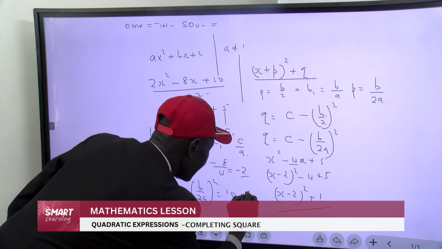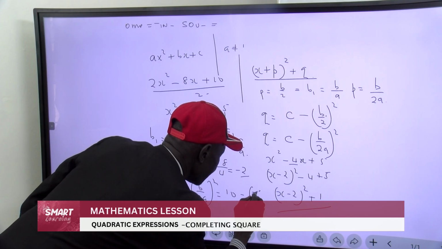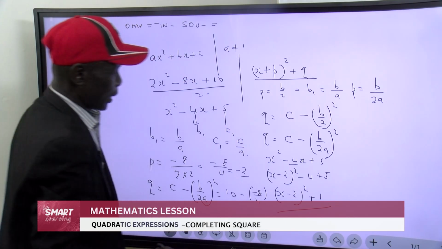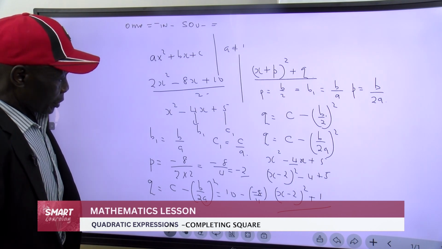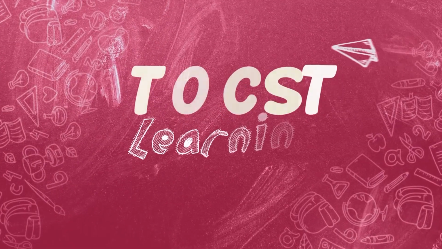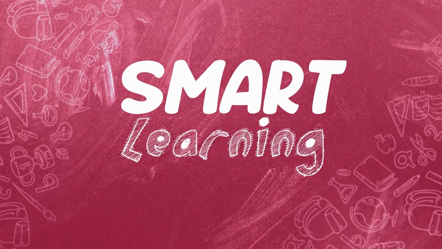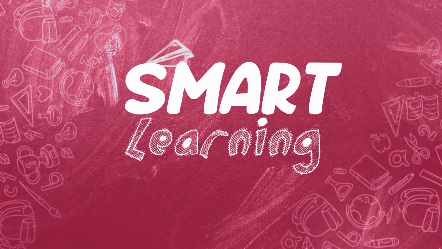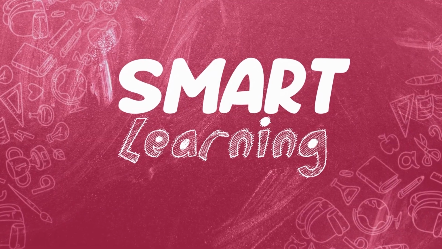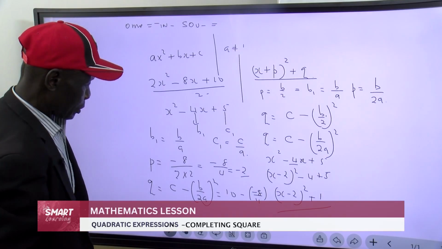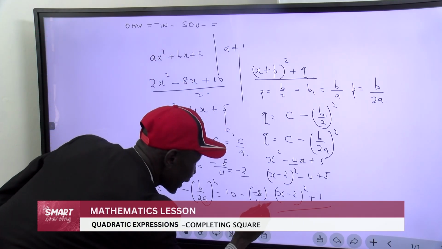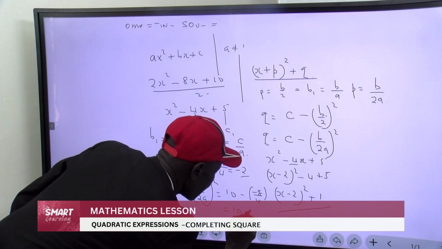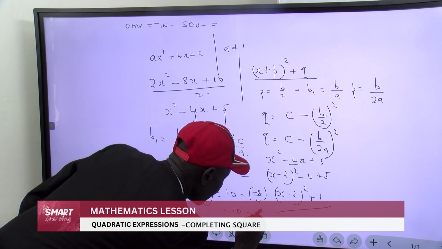That will be negative 8 over 4 squared. So negative 4 squared is going to give 10 minus 4.